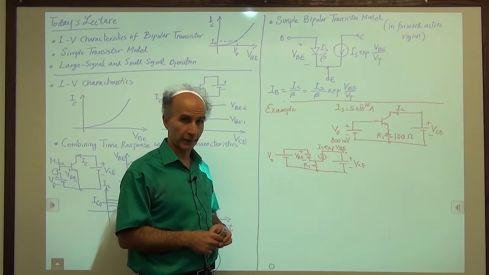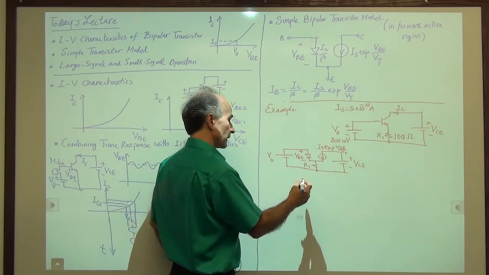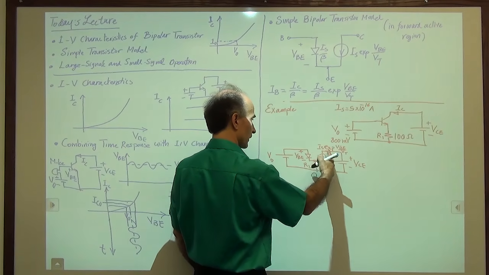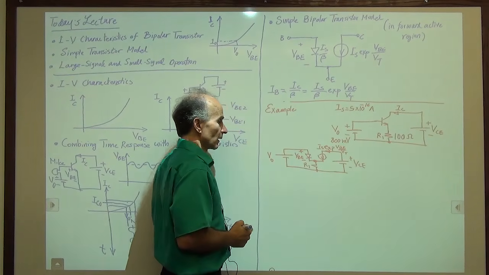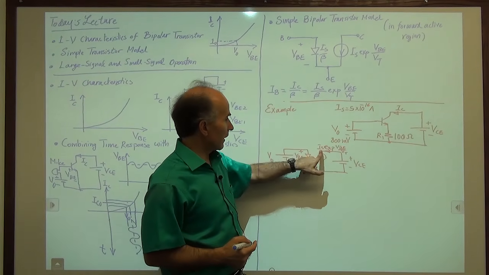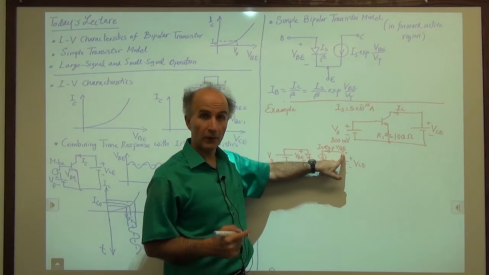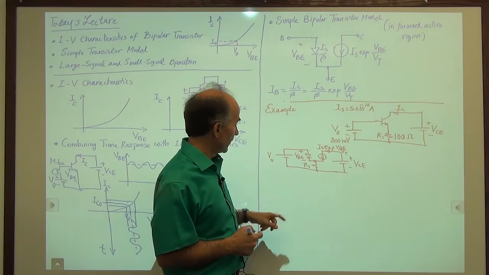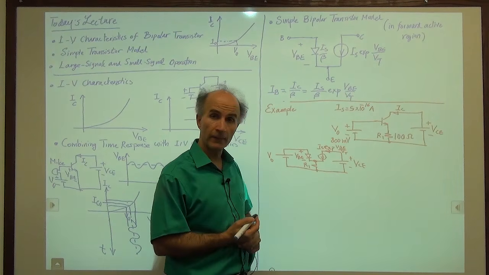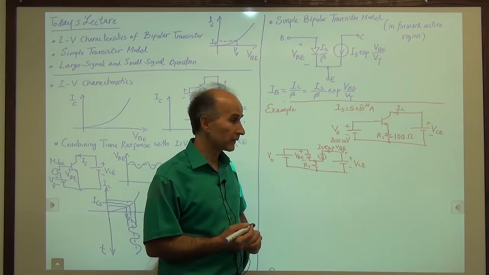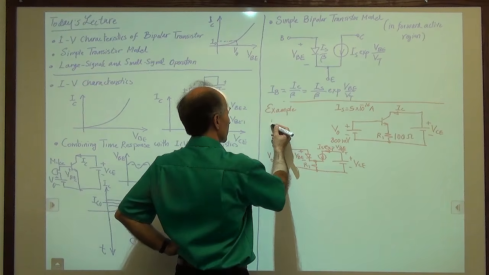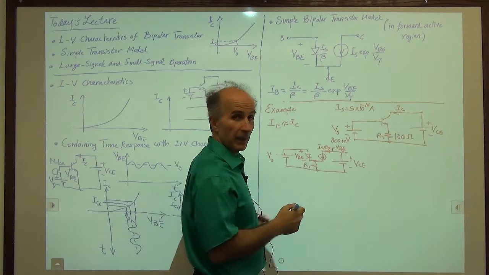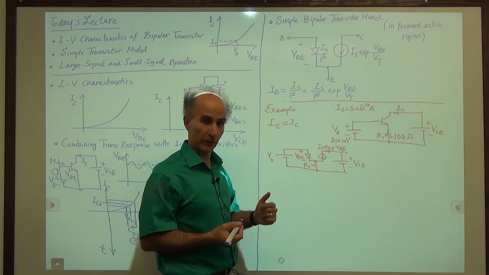And we need to solve the circuit. Okay, and the unknown is this current, which is the same as this current, right? This current is IS exp VBE over VT. So the unknown is VBE. If we know VBE, we know the collector current. Can I find VBE here? Well, maybe, maybe not. Let's make an approximation. So we assume that IE is approximately equal to IC, meaning that beta is quite large, maybe 50, maybe 100.